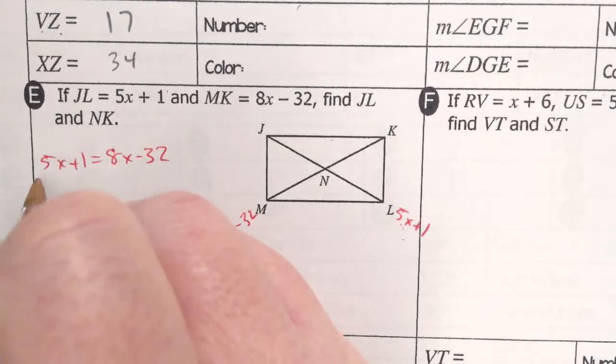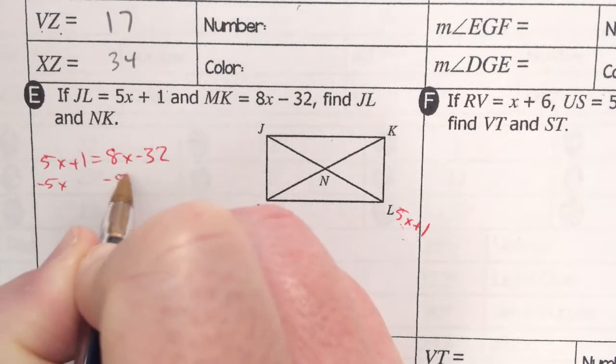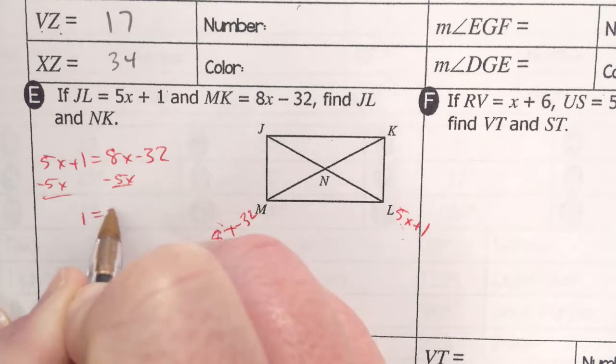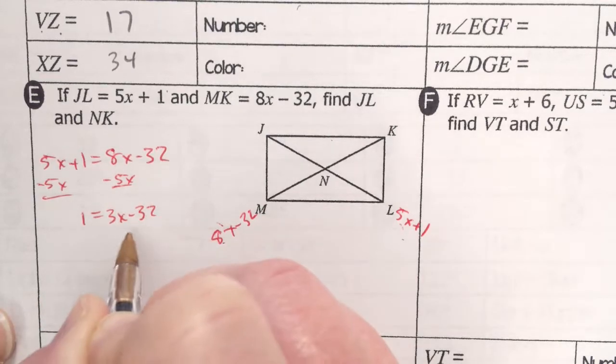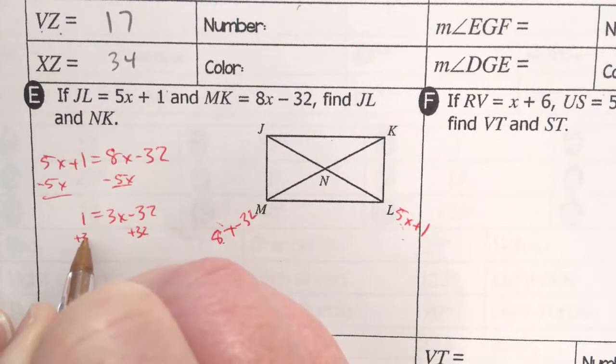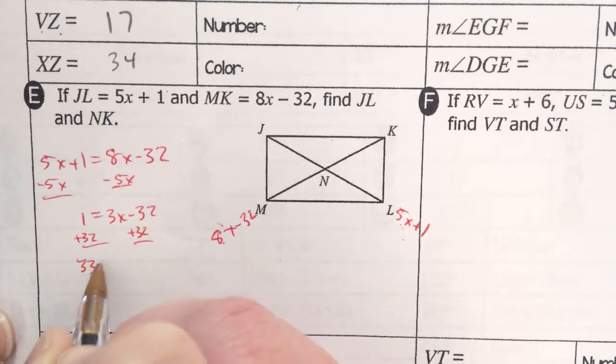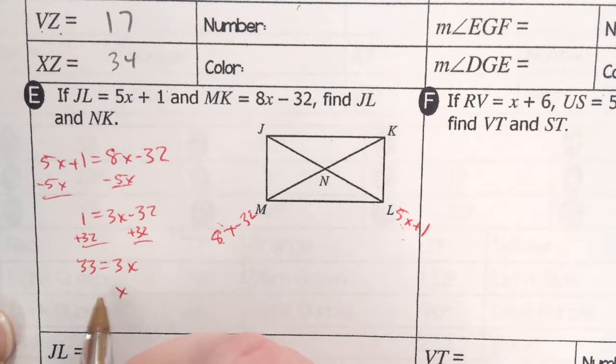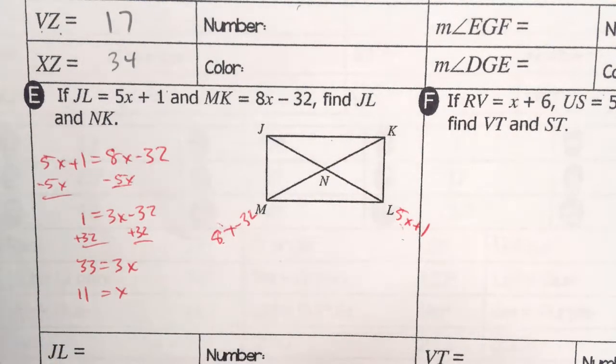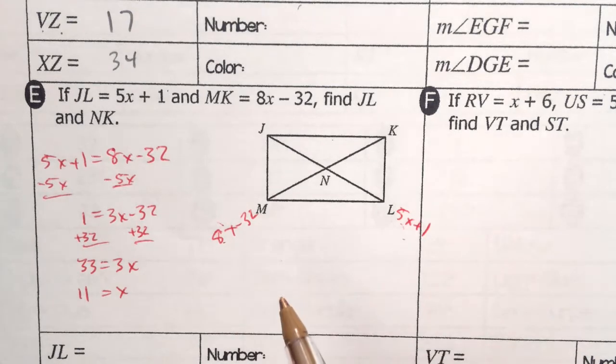All right, so subtract 5x from both sides. You get 1 equals 3x minus 32. Add 32 to both sides. 33 equals 3x. Divide by 3, x equals 11. Now be careful. Every time you find x, you have to plug it back in, right? So just to double check your answers.